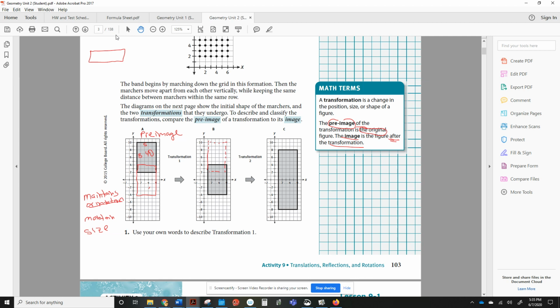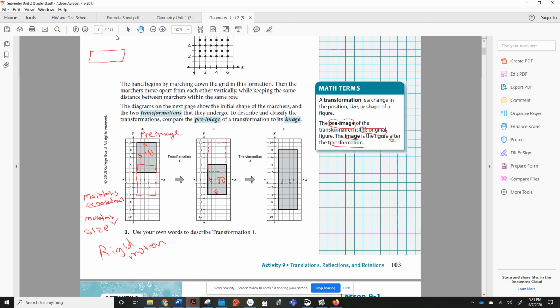You come down here and measure this one, and it's still 8 by 5, which makes it 40 square units. So they're the same size. That's what we mean by maintaining size. That's considered rigid motion.